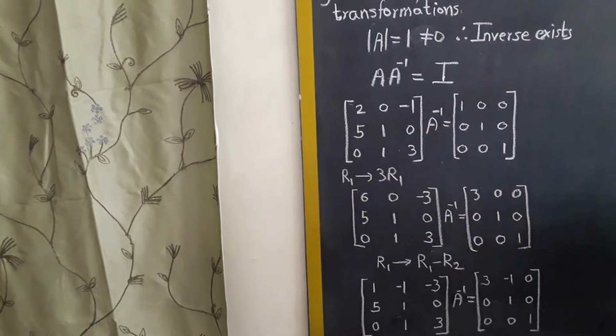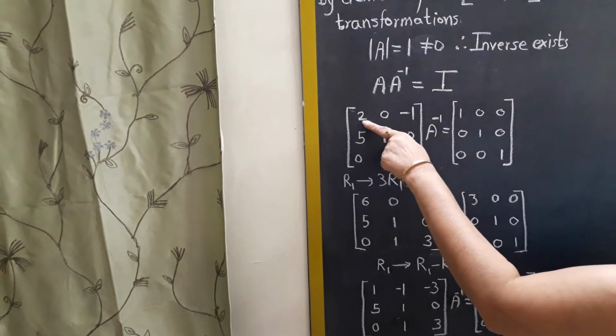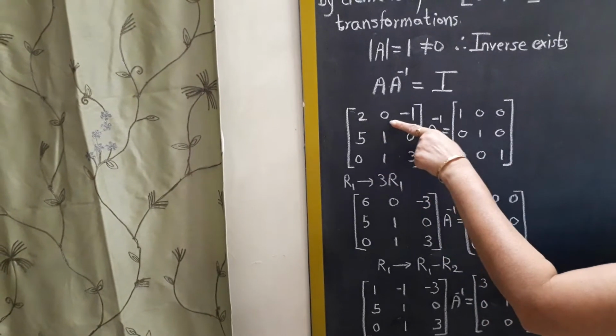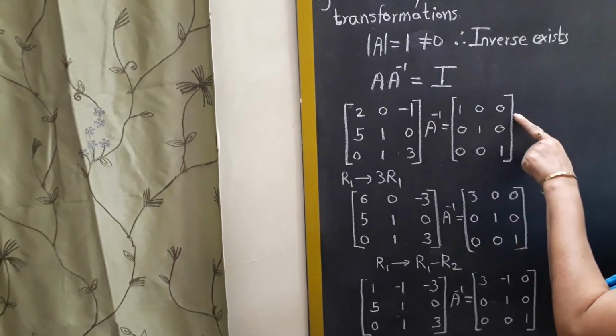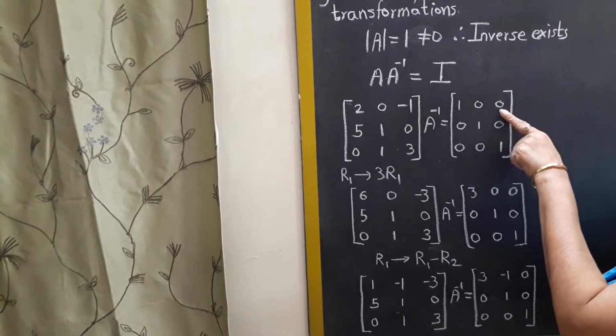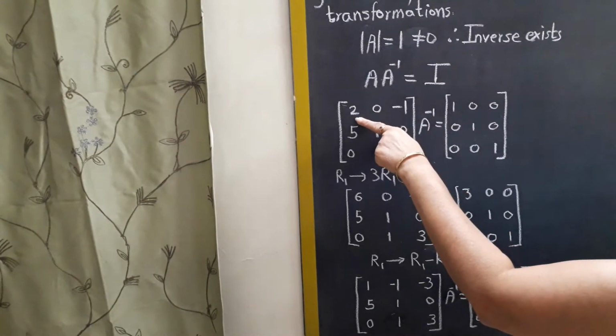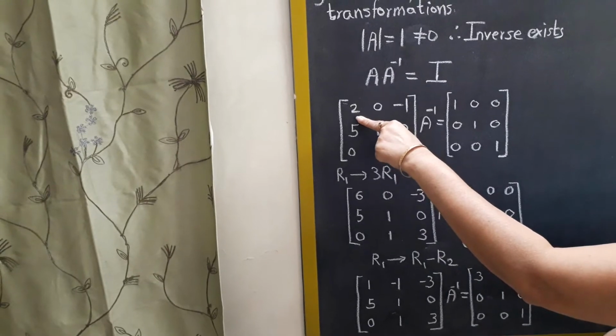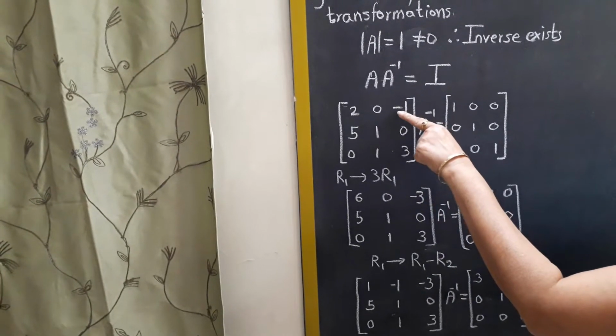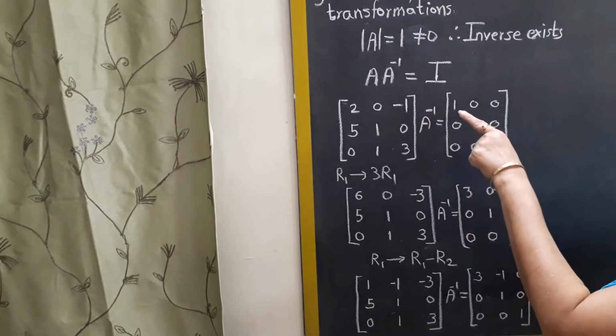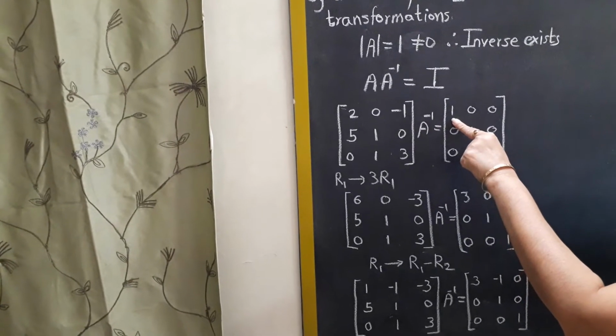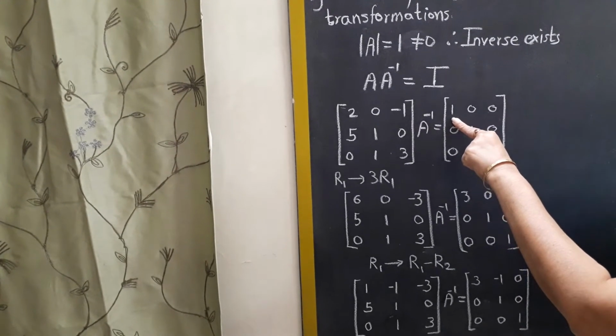Now when I want to divide this element by 2, I have to do it for all the elements on this side and that side. So no doubt we will get 1 over here, but while dividing I will get minus 1 upon 2, or here 1 upon 2, which is a fraction.